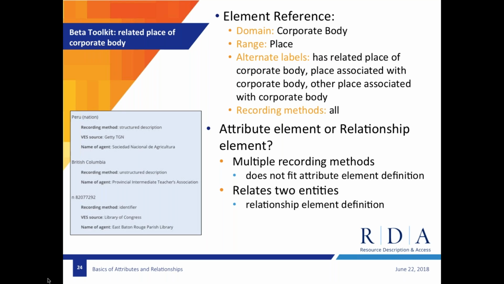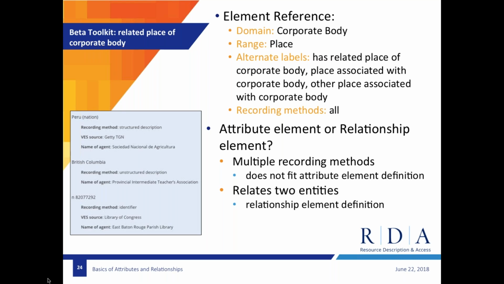And the reason this might be important to you is because if you're wondering, where are those specific instructions that I would see in other places associated with corporate body, you would look at the element, related place of corporate body, and obviously they've changed a bit as the wording has changed, but the ideas are there.